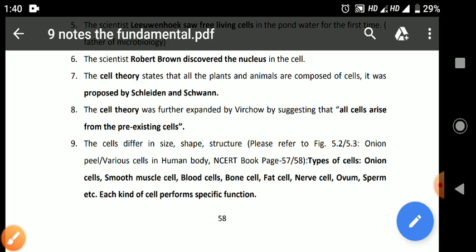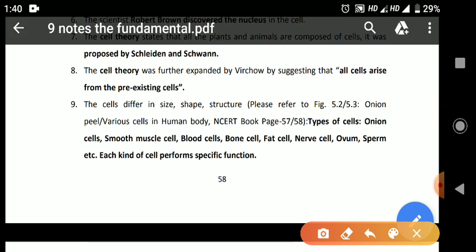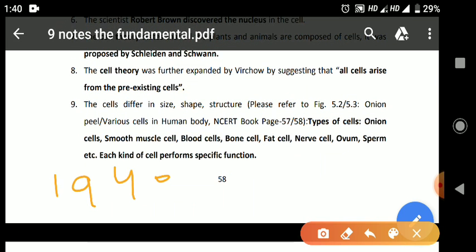And the largest cell is the ostrich egg. As we discussed, the study of the microscope increased the study of the cell. In 1940, the electron microscope became possible. The electron microscope was discovered in 1940, so that we can study the internal structure of the cell.